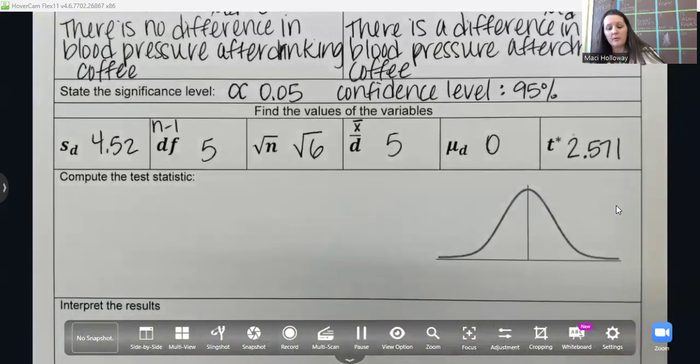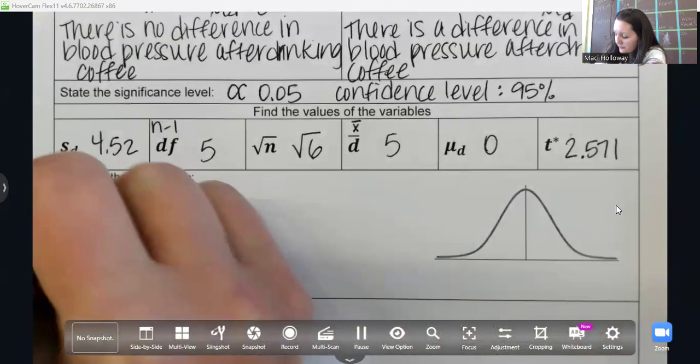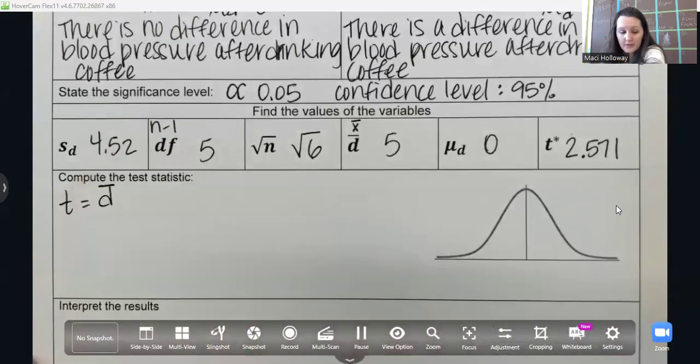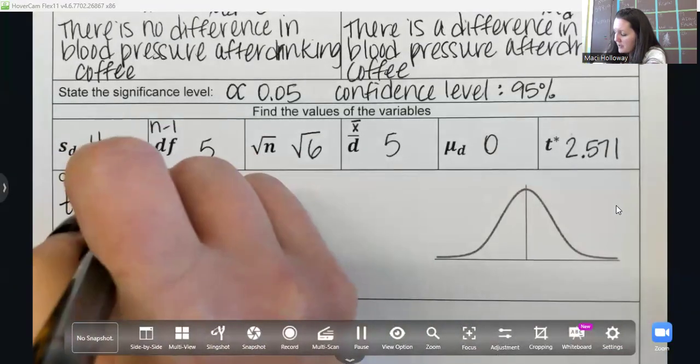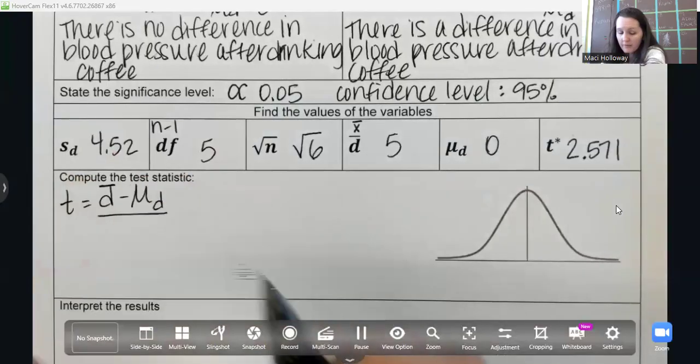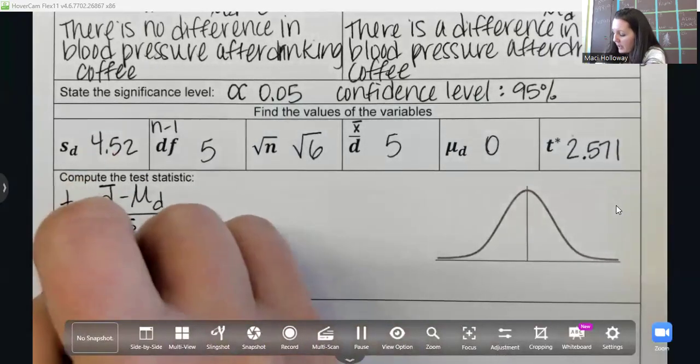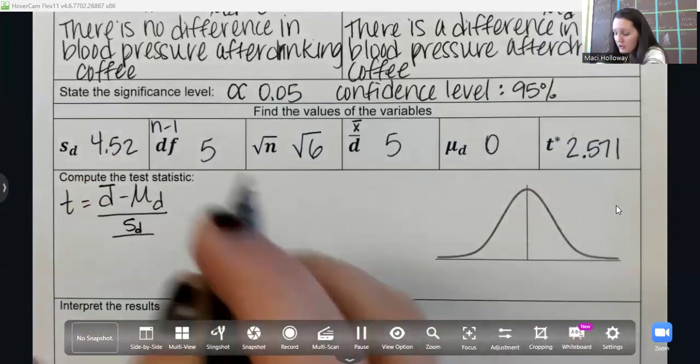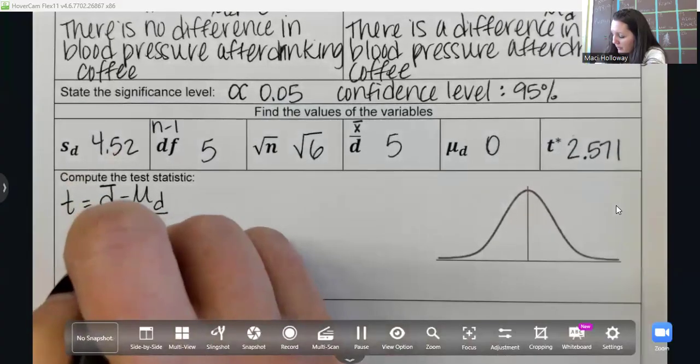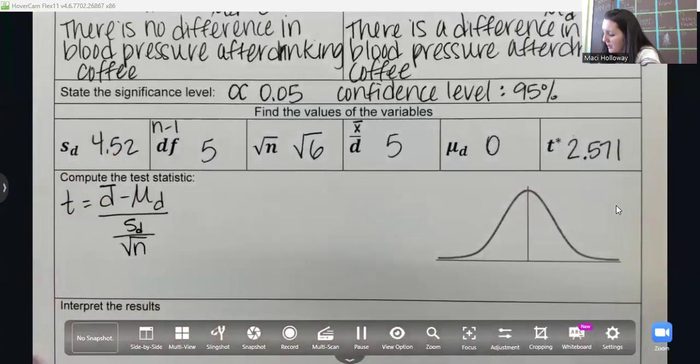So we're going to be reminded that our formula is the average of the differences minus the claimed difference divided by the standard deviation divided by the square root of n.